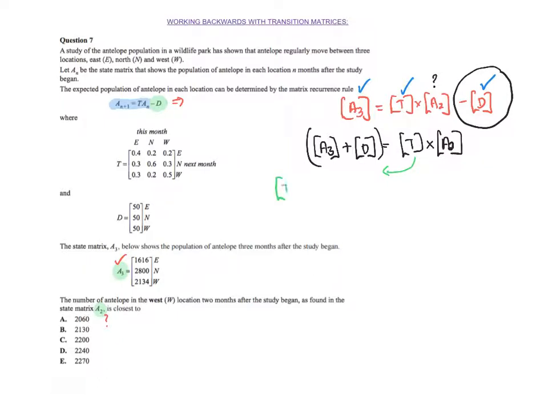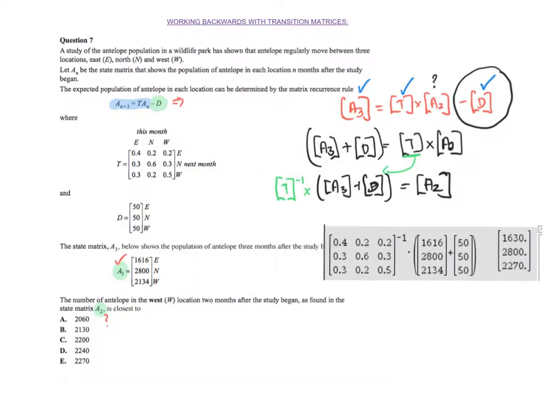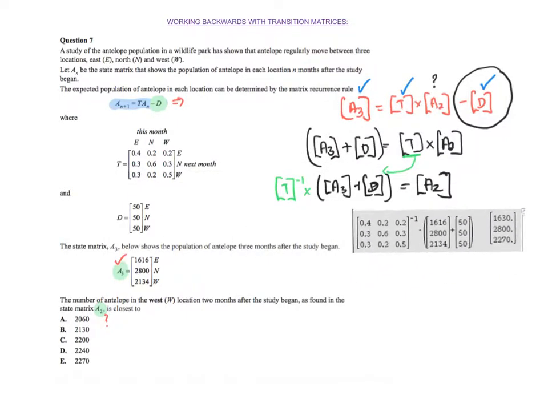Good. So, because it's at the front here, we'll put it at the front. So we're going to times by the inverse of that, and then plus D. So you would have done that on your calc, or you can type it all in like that. And then it's going to tell us what A2 is. So I'm pretty sure I have put this in. Okay, so can you see I've done that here?